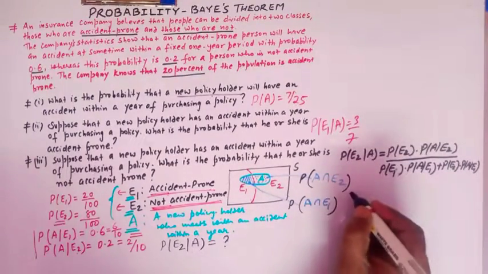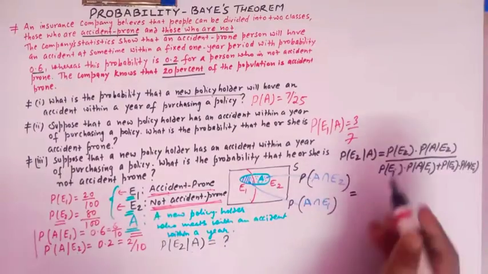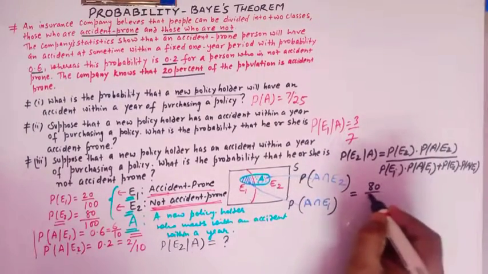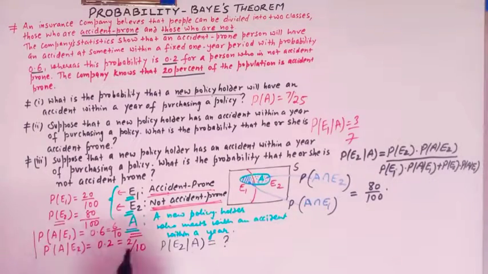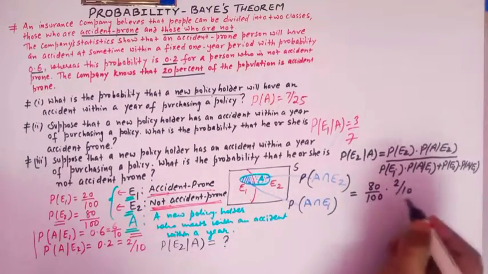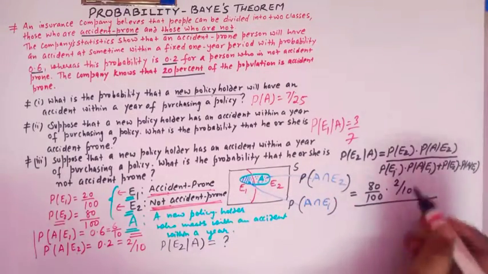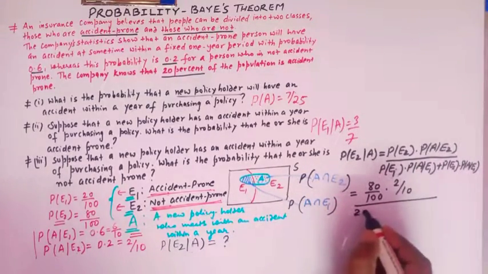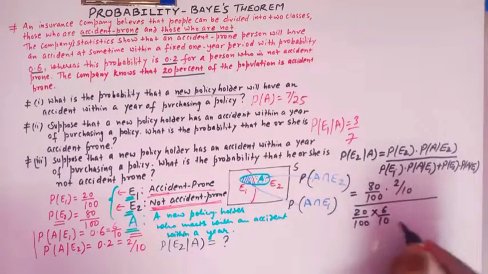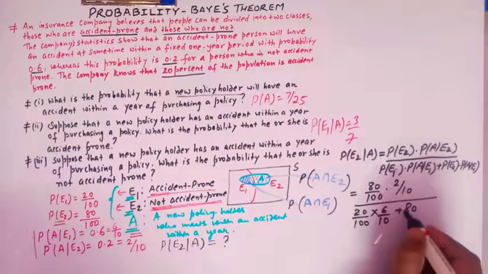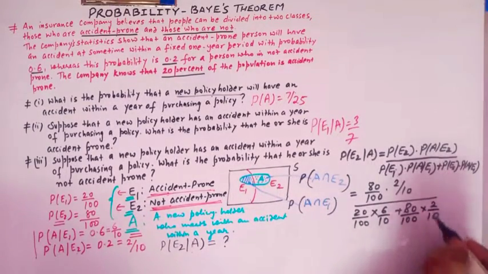Now we can substitute the values. P of E2 is 80 over 100, and the probability of A given E2 is 2 over 10. In the denominator we have 20 over 100 times 6 over 10, then 80 over 100 times 2 over 10.